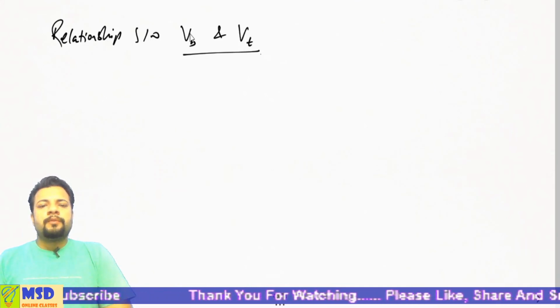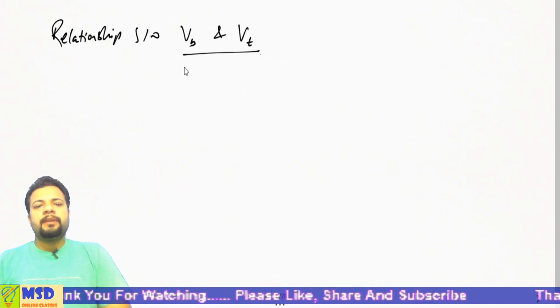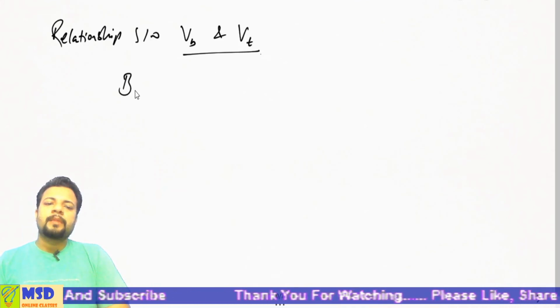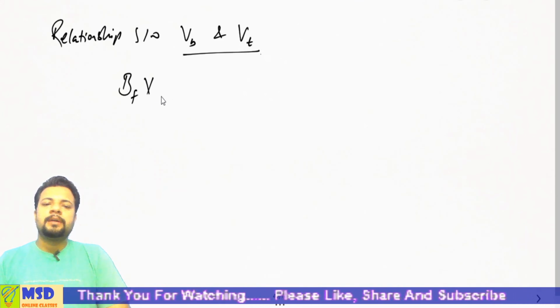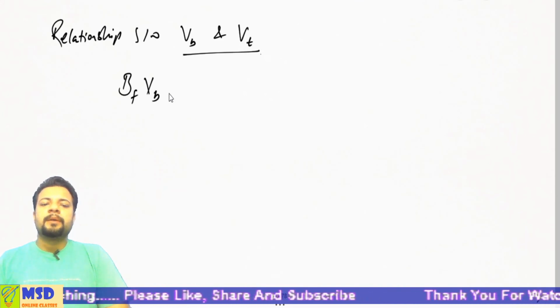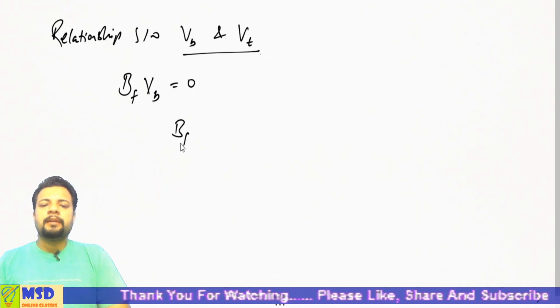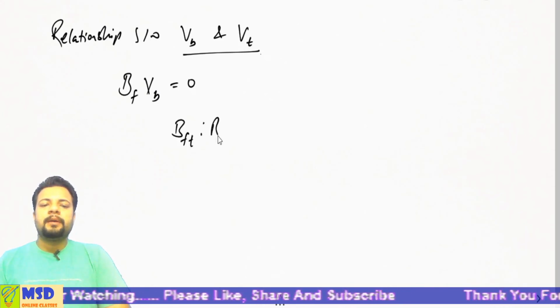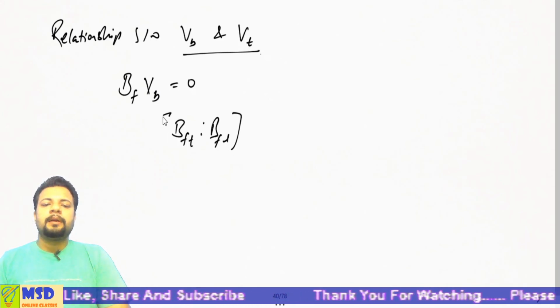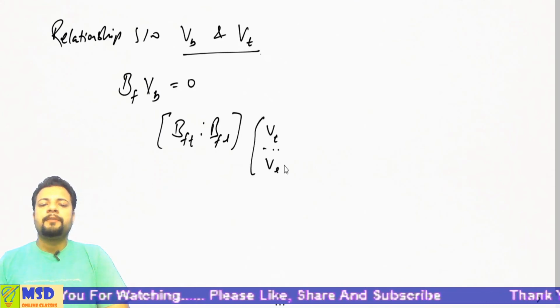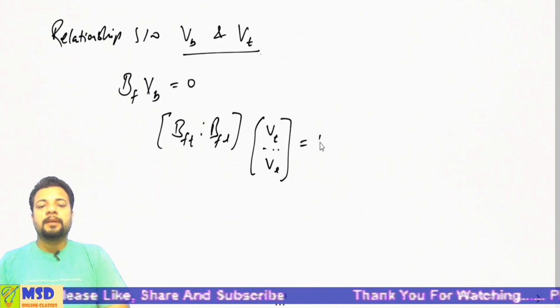Now, between VB and VT, if I want a relationship, I'll use KVL in graph theory, that is BF into VB is equal to 0. Again, BFT, BFL multiplied with VT and VL is equal to 0.